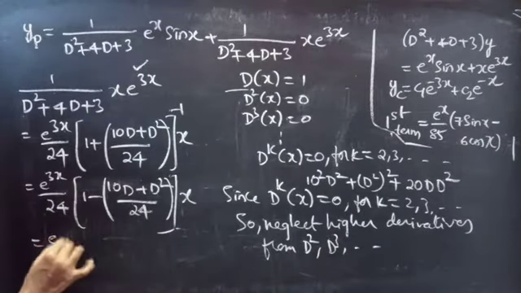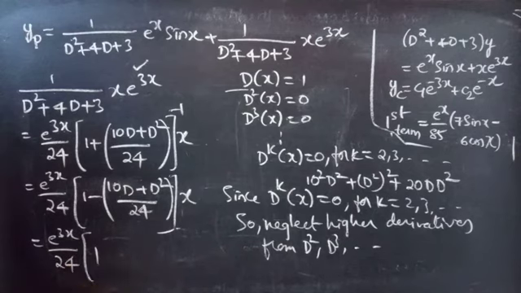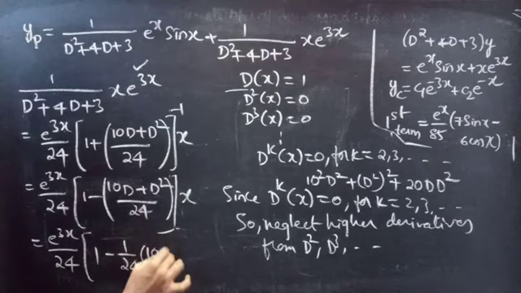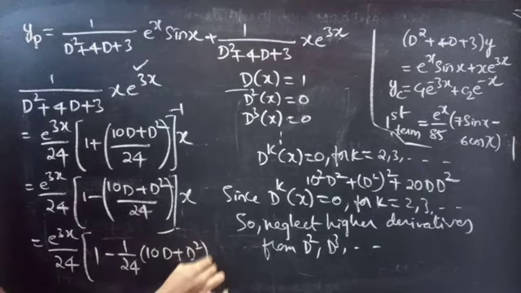So this equals e power 3x by 24 into (1 minus 1 by 24 into (10d plus d square)) into x.